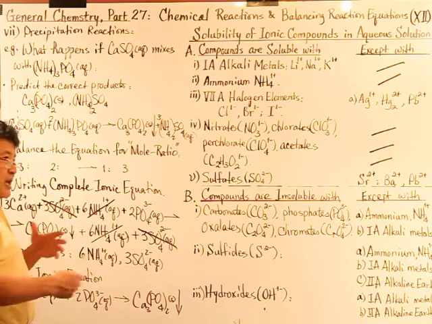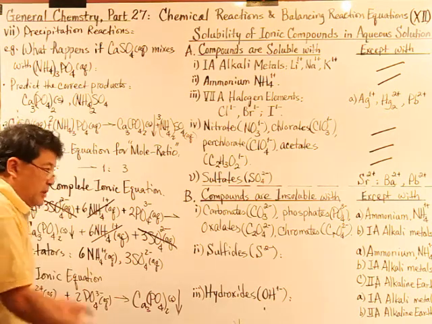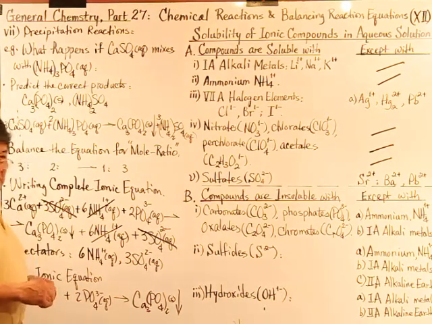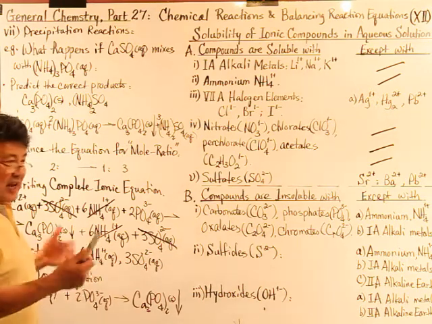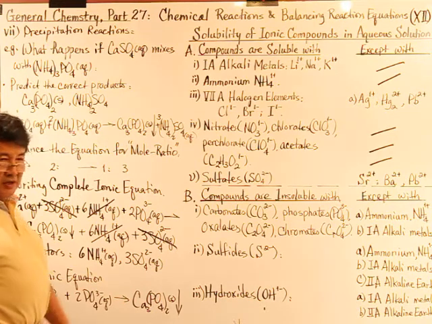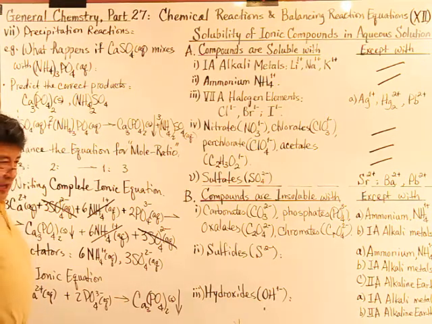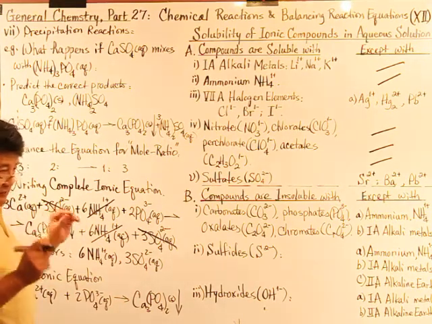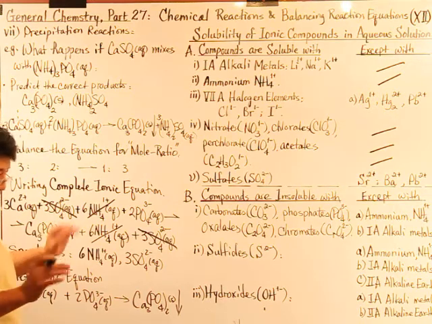But the remaining cation and anion not participating in that process are left off as identical ion pairs from the beginning of these two reactants. So they must have exactly the same physical state, not different.